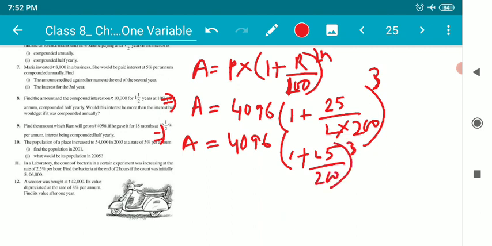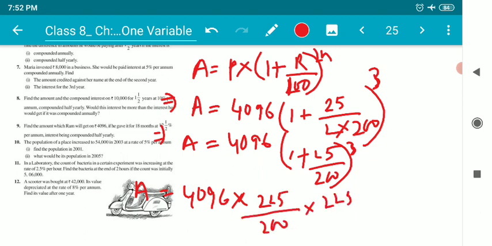Okay children, now amount is equal to 4096 into 1 plus 25 by 200 means 225 by 200, then 225 by 200, then 225 by 200. Why 3 times? Because the power is 3. Now it's a part of calculation, so let us reduce it.